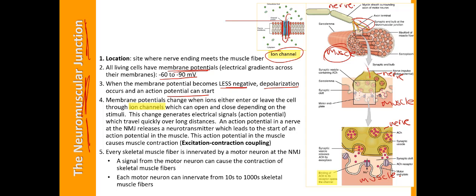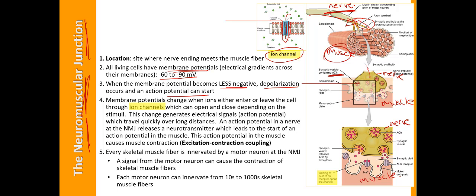So if you look over here, when a nerve impulse travels down the nerve, it releases this neurotransmitter called acetylcholine. You see these red dots are dots of acetylcholine, and you can see here the acetylcholine travel across the neuromuscular junction between the nerve and the muscle.